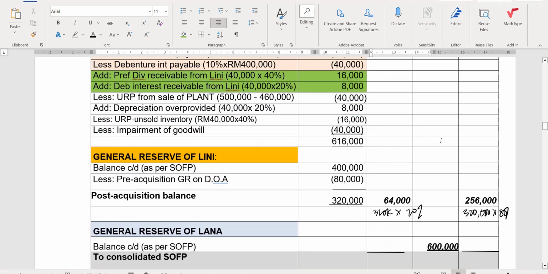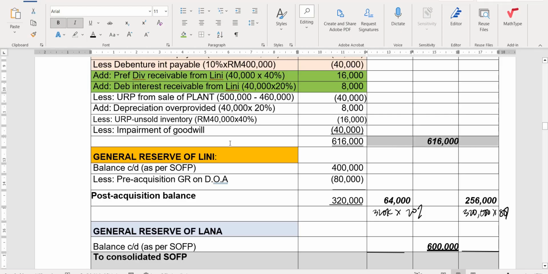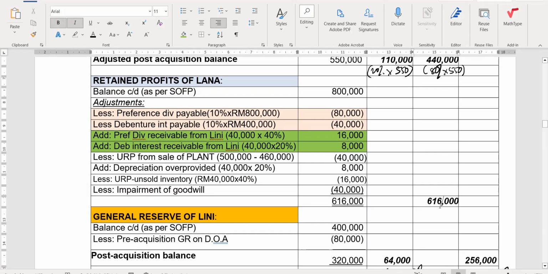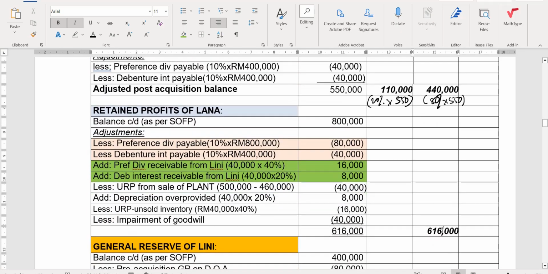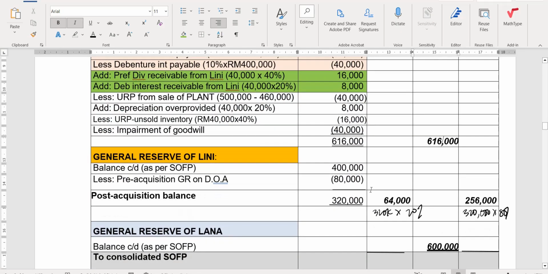We can now divide the percentage acquired in the subsidiary. We have done that. So now the one under parent will be 616, right? This is the adjustment column. This is the final figure after considering all adjustments.